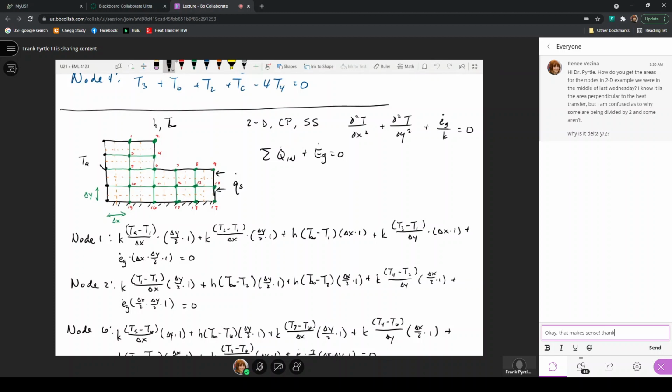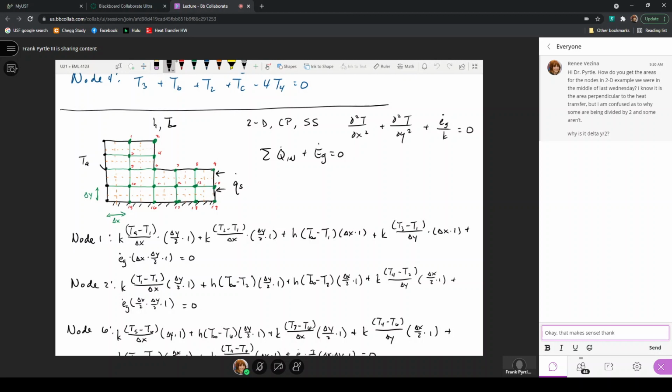From the right-hand side, this boundary on node number 2 is only a delta y over 2 tall for heat transfer that's occurring with the surrounding fluid. So h times (T infinity minus T2) times delta y over 2 times a 1. This length is only a delta y over 2. For the heat transfer occurring from above by convection, this length is only a delta x divided by 2.